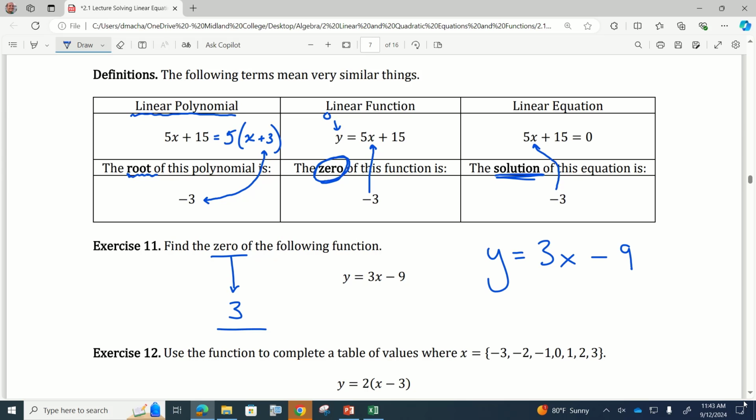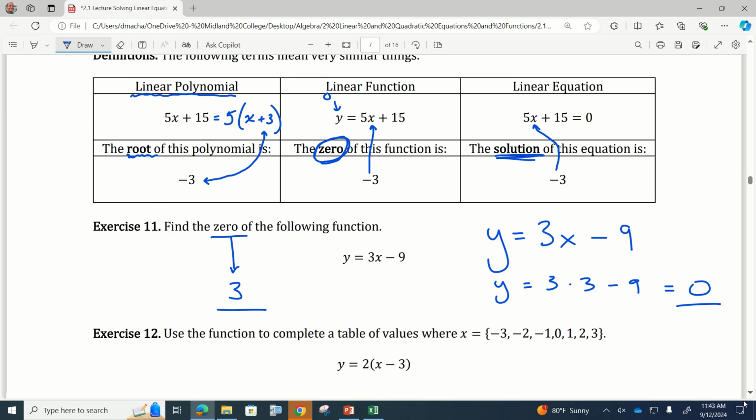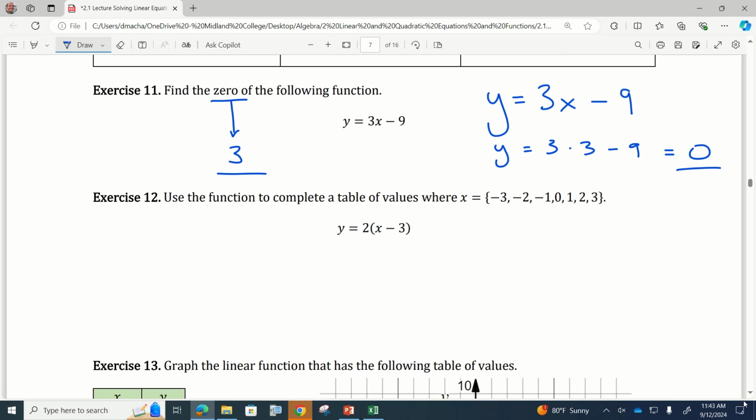We say the 0 of this function is 3 because if I plug in x equals 3, I would get 3 times 3 minus 9, which gives me a y value of 0. So on your homework, that's what exercise 11 is asking you to do. You find the x value that makes the y value equal to 0.